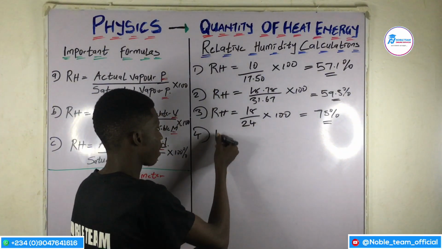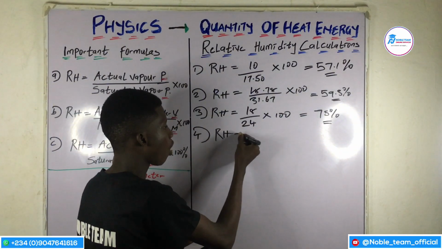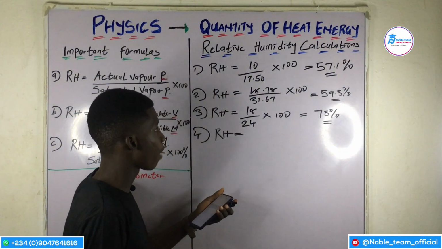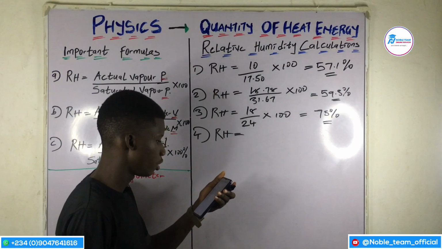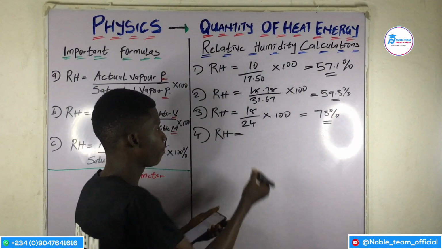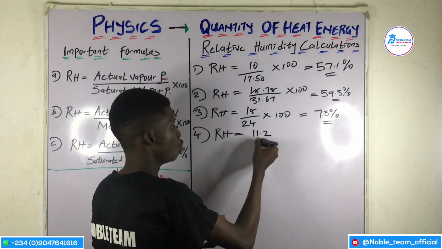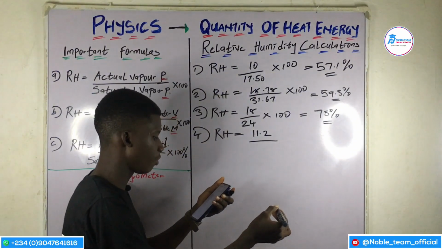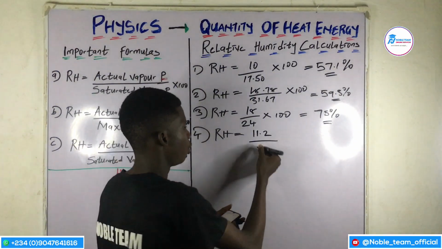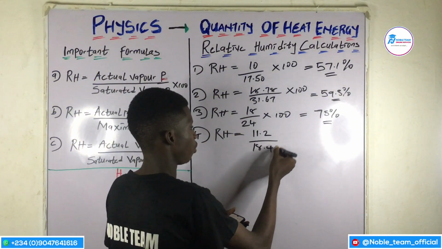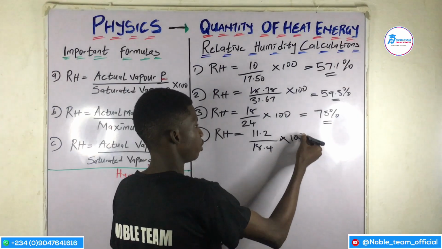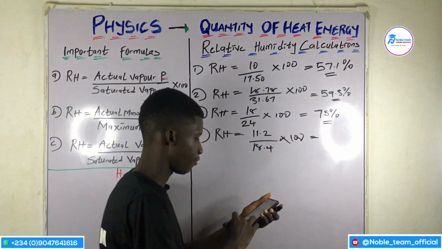So we have that RH is now equal to our actual one, which was 11.2, and the SVP was 18.4, times 100. So divide and have your final answer.